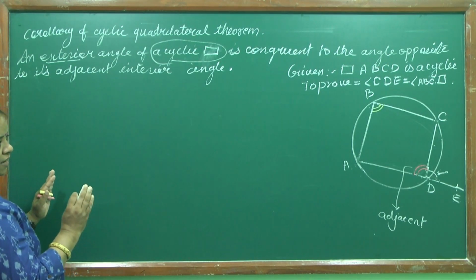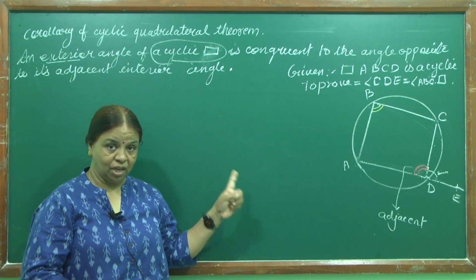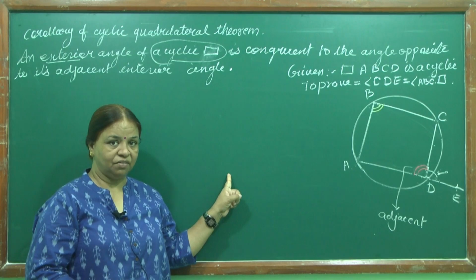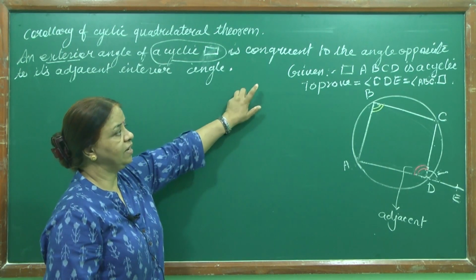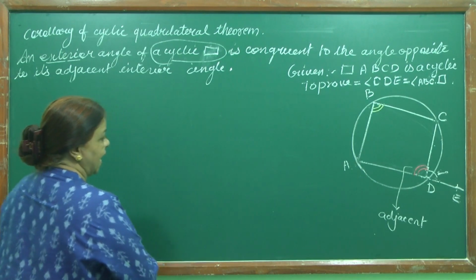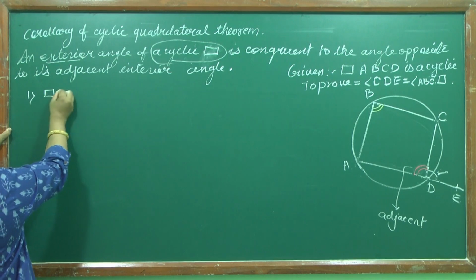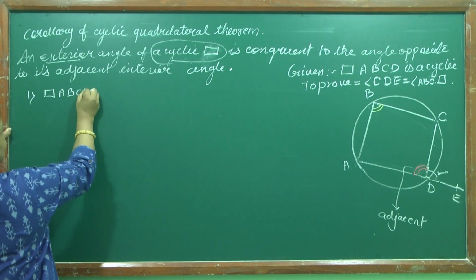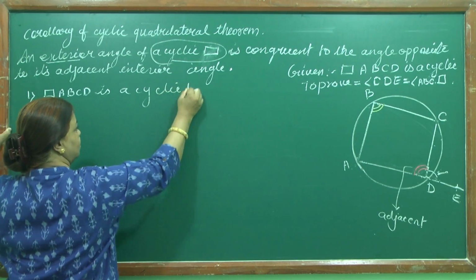Now it is given that it is a cyclic quadrilateral, and in the previous video which is already uploaded, I have told you before I begin with this that you must watch that video, then only you can understand it. Angle B, first thing, quadrilateral ABCD is a cyclic quadrilateral.